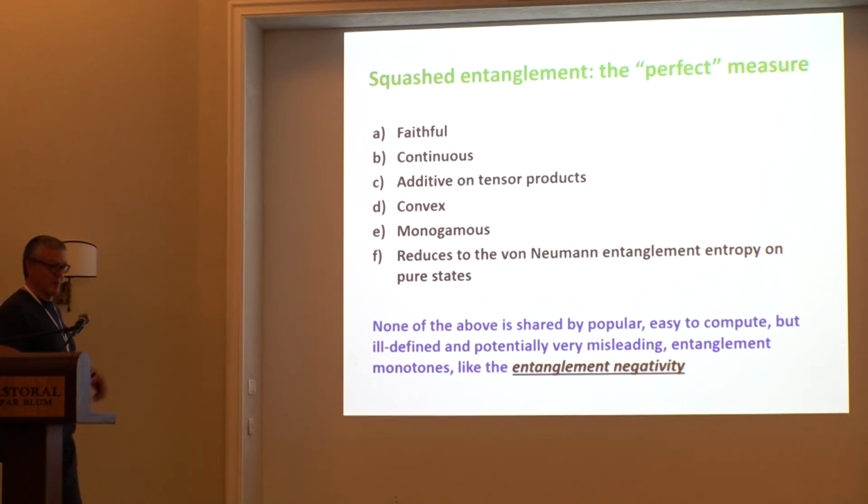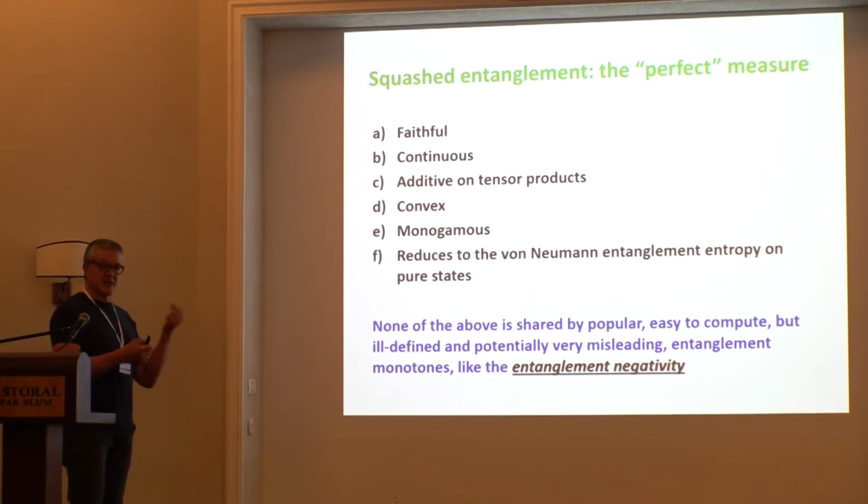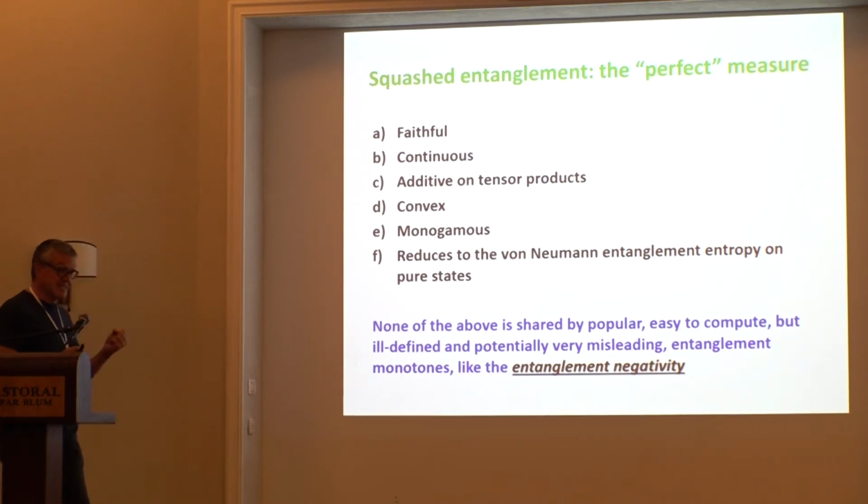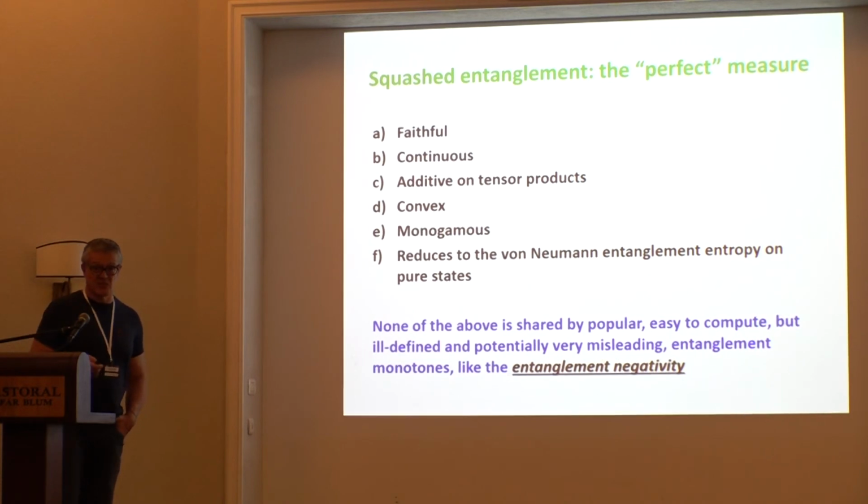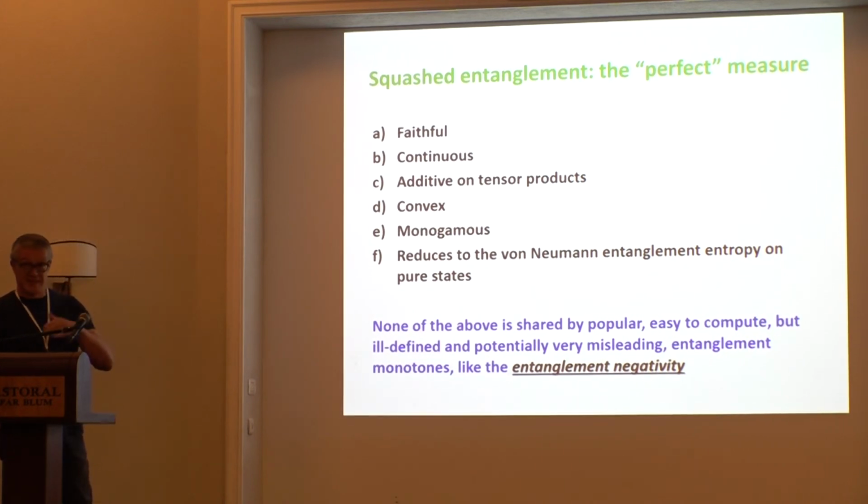Convex, so when I make a linear combination of states, the resulting entanglement must be less than the convex combination of the two constituent entanglements. Monogamous. Alessandro didn't talk about monogamy, but he touched upon it somehow.